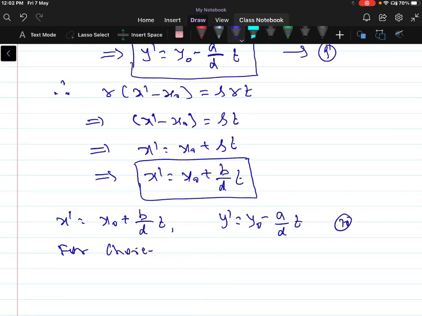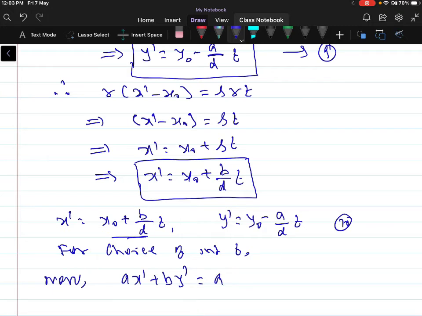Now for any choice of integer t, it is easy to see the values satisfy the Diophantine equation. Now we know that ax dash plus by dash, where x dash is x naught plus b by d into t, and y dash is y naught minus a by d into t.